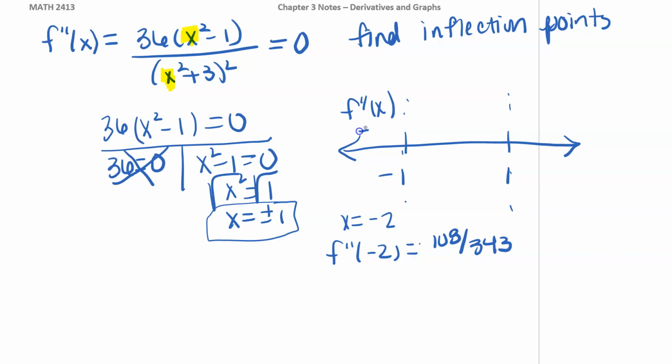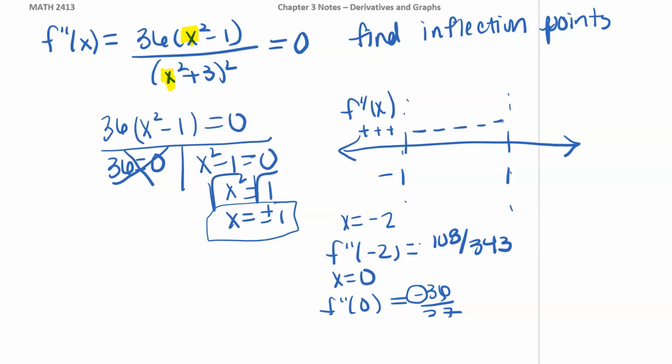Since that's a positive value, I'm going to have positive to the left of negative 1. I'm going to pick a value between negative 1 and 1, and I'm going to pick it to be 0. I like to pick easy numbers for myself. This gives me f double prime of 0, plugging it in again into that second derivative, negative 36 over 27. And again, I'm just most concerned about that negative.